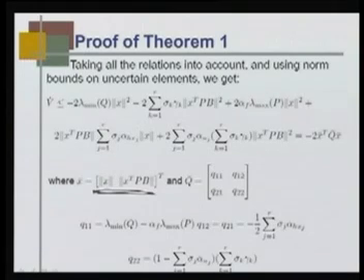This is the first element, and this is the second element. Q bar has 4 elements, Q11, Q12, Q21, Q22, where Q11 is given by this quantity, the minimum eigenvalue of Q minus alpha f lambda max of P, the maximum eigenvalue of P. Similarly, Q12 and Q21 are half of this quantity, and Q22 is this quantity.